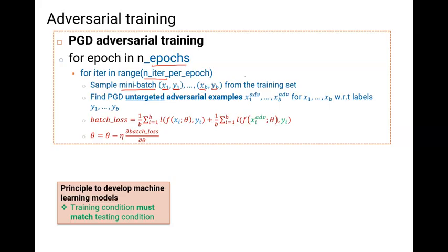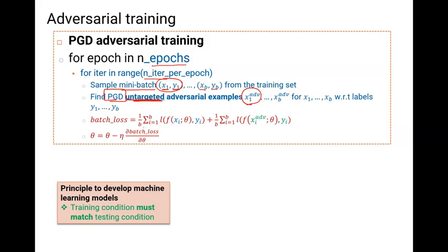Then for each pair of them, we find the adversarial example using PGD with the untargeted goal, to attack our training.